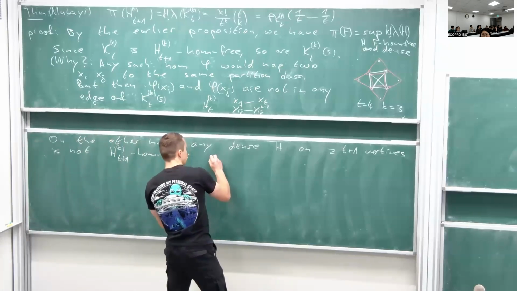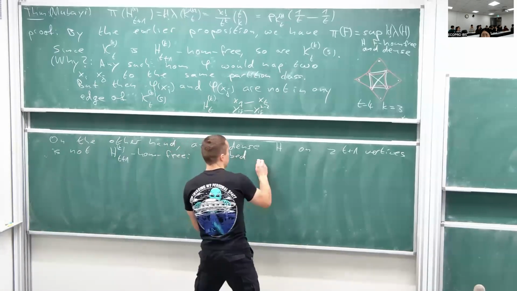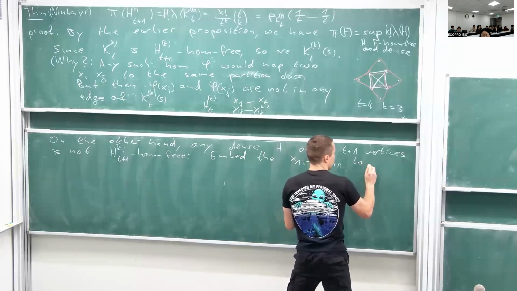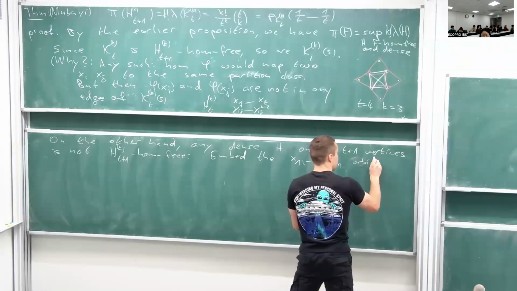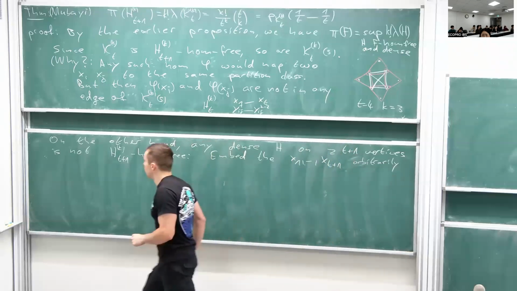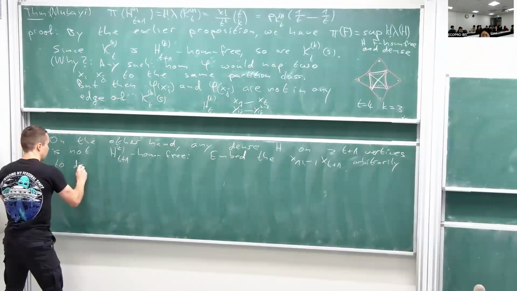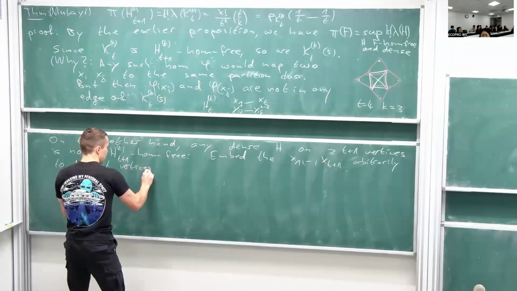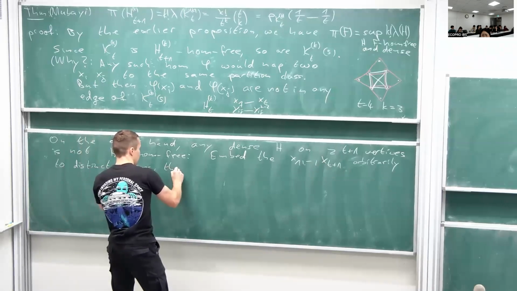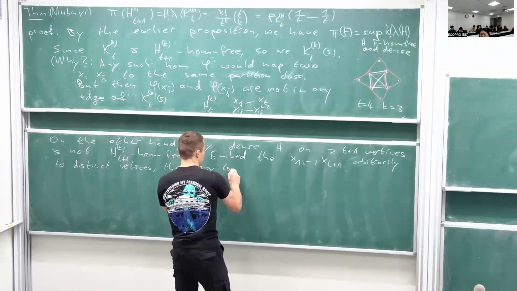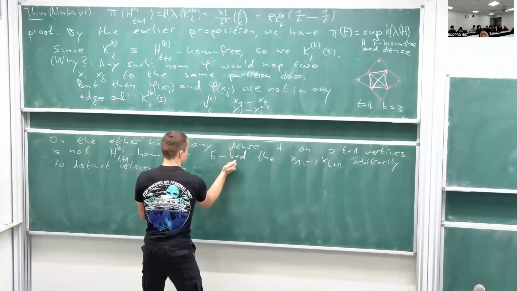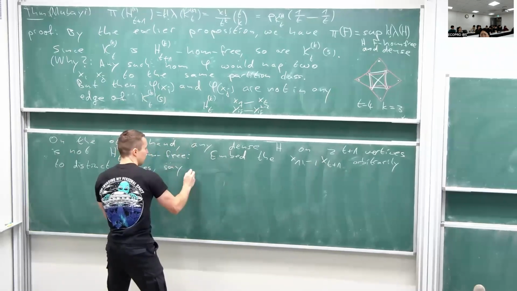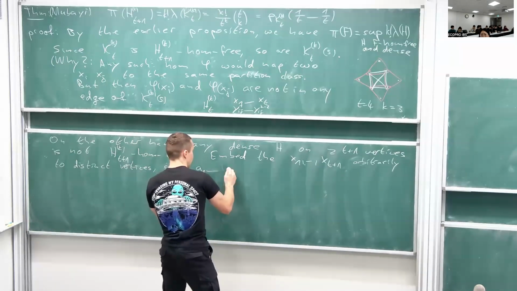So embed x_1 to x_{t+1} arbitrarily to distinct vertices, say a_1 to a_{t+1}.